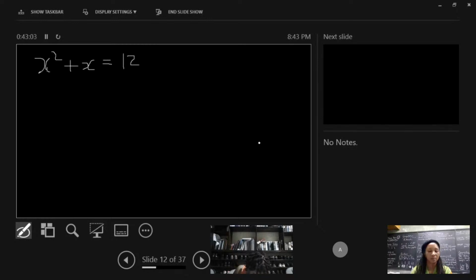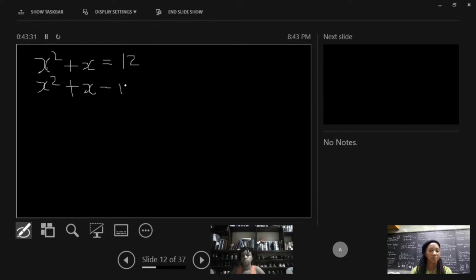So we want to get it into the order of x squared plus bx plus c. So we're going to carry over the 12, or try to get the 12 on the other side. So we're going to subtract 12 from both sides. So it's going to be x squared plus x minus 12.